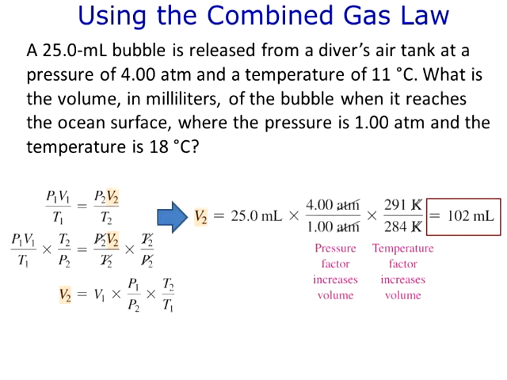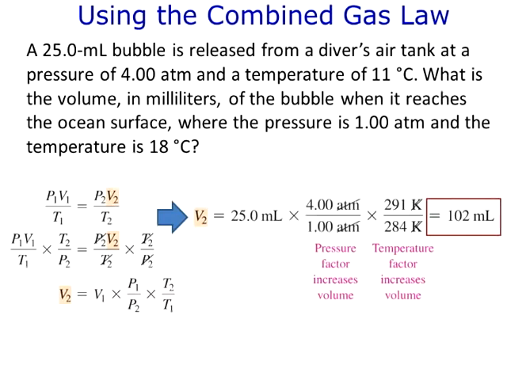What is the volume in milliliters of the bubble when it reaches the ocean surface, where the pressure is 1 atm and the temperature is 18 degrees C or 291 K? I write that directly in my problem so that I see it there. I write 273 at the top of the page, right above the 18, and I get it.